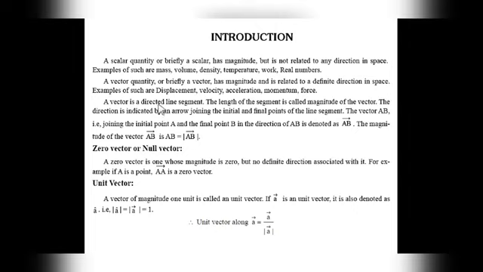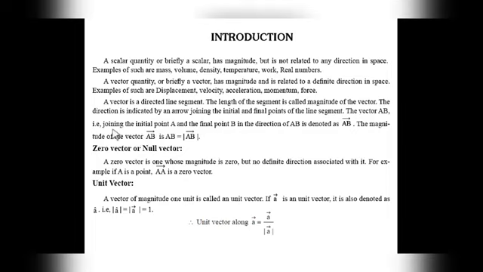A vector is a directed line segment. The length of the segment is called the magnitude of the vector. The direction is indicated by the arrow joining the initial and the final points of the line segment. The vector AB, just we'll take one example.